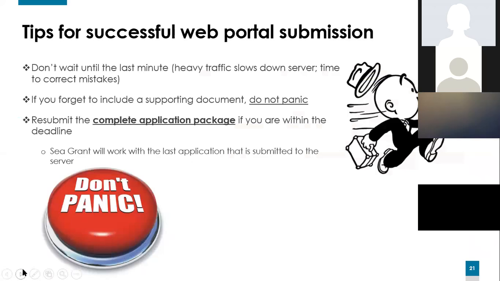What you need to do is resubmit the complete package, start all over, and don't be concerned about having multiple packages up there on the server, because when Sea Grant pulls the files down, we will work with the last application that was submitted. The important thing is giving yourself time for correcting the errors. So try to get there before the deadline, because once that clock stops, you cannot submit any more applications.